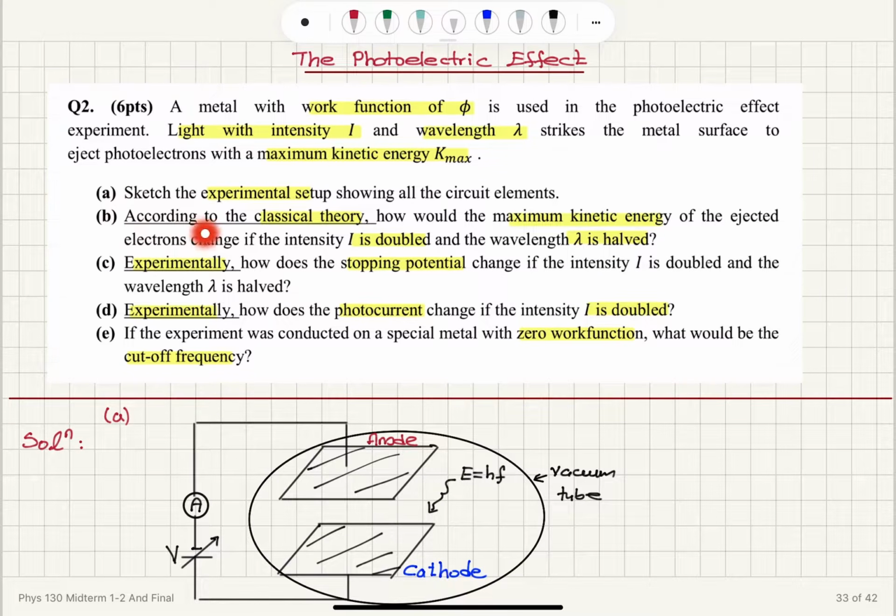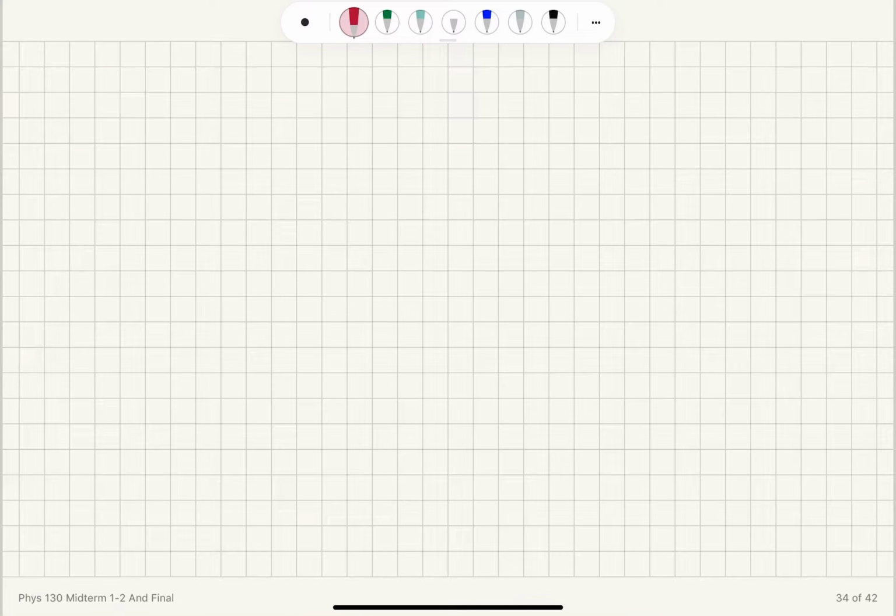Part B, according to the classical theory, how would the maximum kinetic energy of the ejected electrons change if the intensity I is doubled and the wavelength lambda is halved? Okay, now, what is intensity?